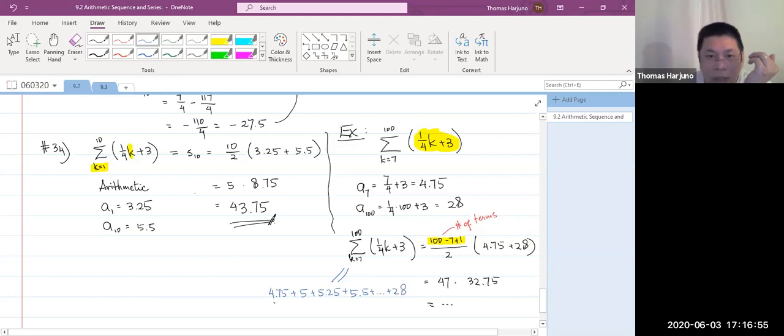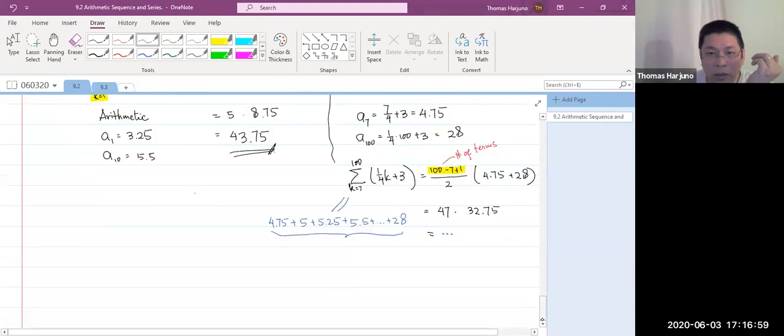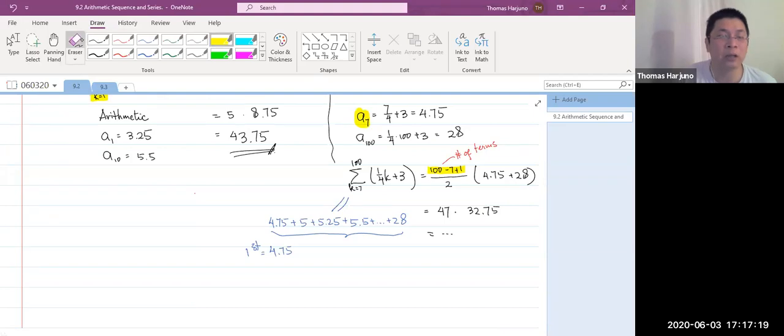But this itself actually forms an arithmetic series whose first term is 4.75. I don't want to use a sub 1 anymore because I don't want you to confuse that with this. Maybe I call that b instead.